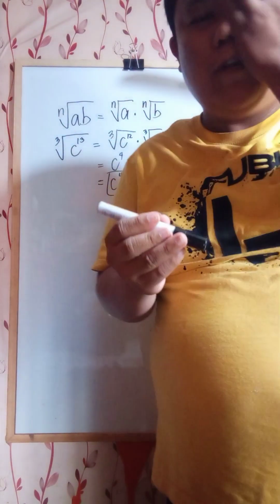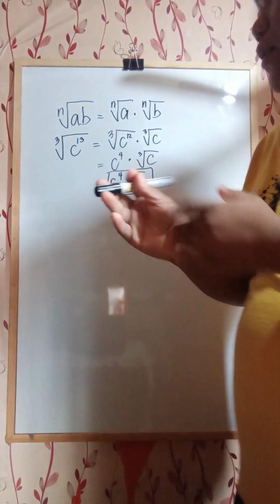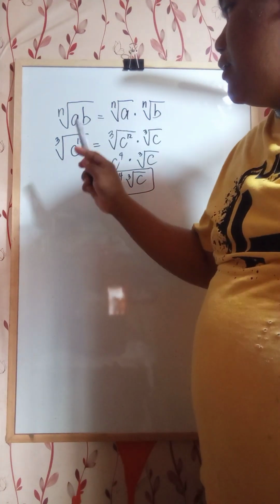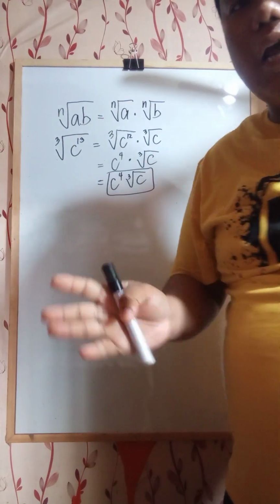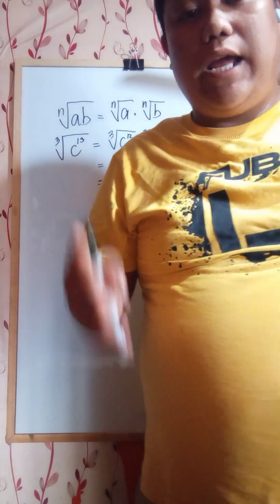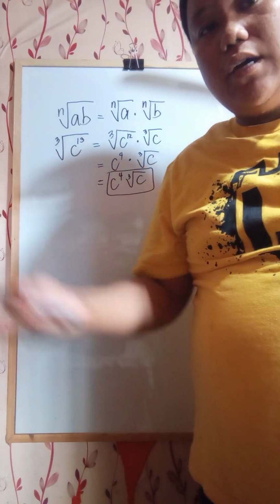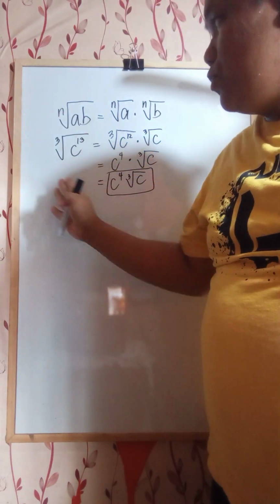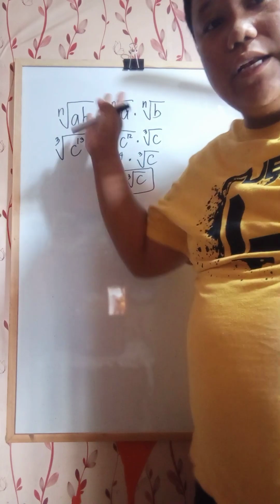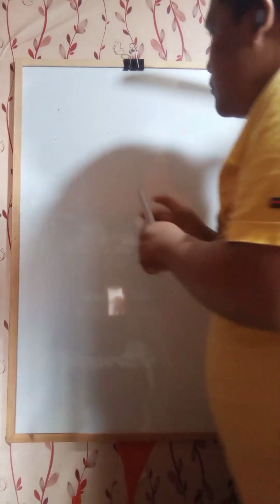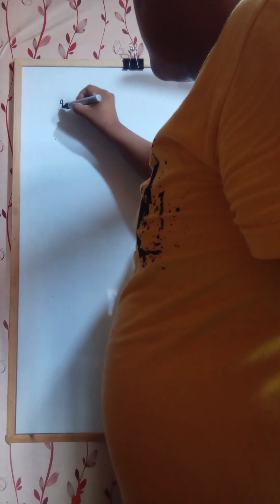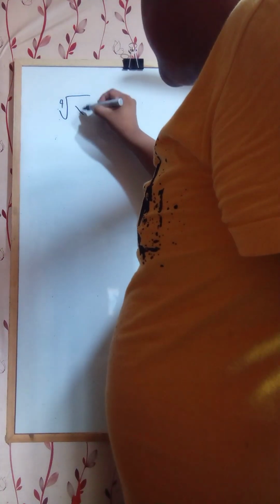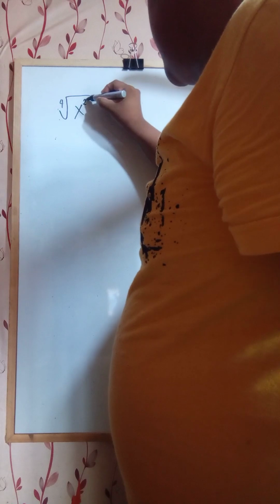But what if you have difficulty using the second law on radicals? Let me share with you a shortcut method that lets you simplify faster. Let's say the fourth root of x to the power of 27.